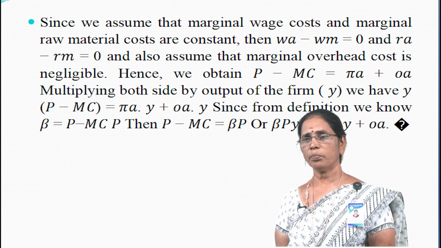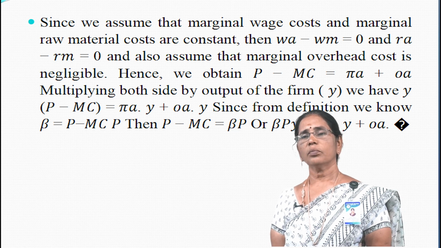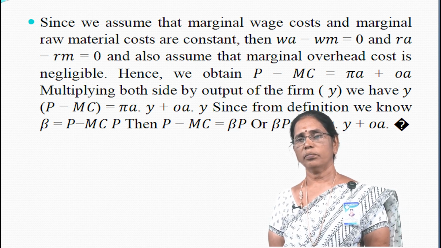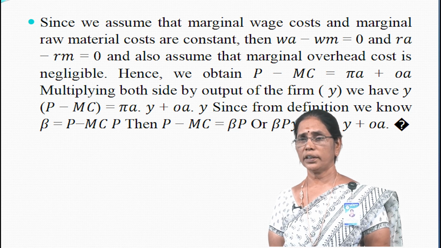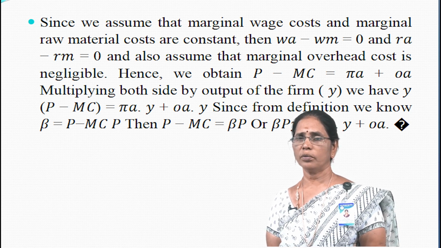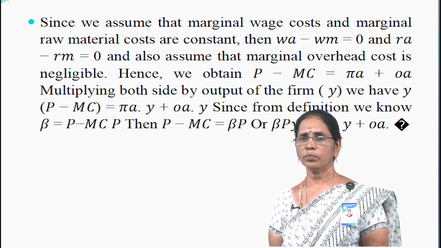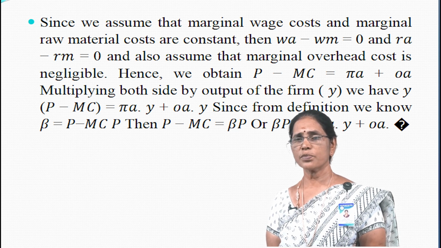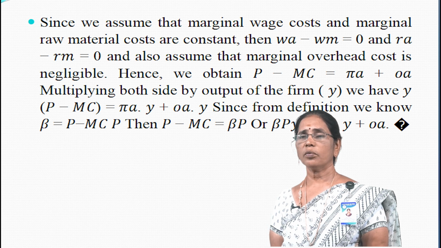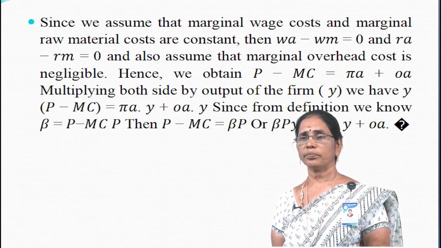Hence, we obtain P minus MC is equal to PA plus OA. Multiplying both sides by the output of the firm Y, we have Y(P minus MC) is equal to PAY plus OAY.